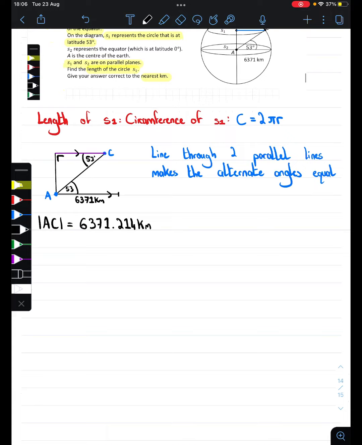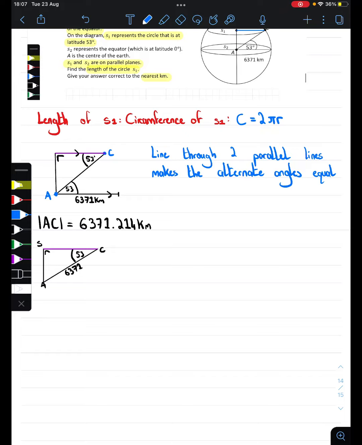So we have this triangle here where this angle is 53 degrees. This length is 6,371. So this is A, C, and then the center of S1. Let's call this S. And we want to find this length from S to C. This should be fairly easy since we have a length and an angle.